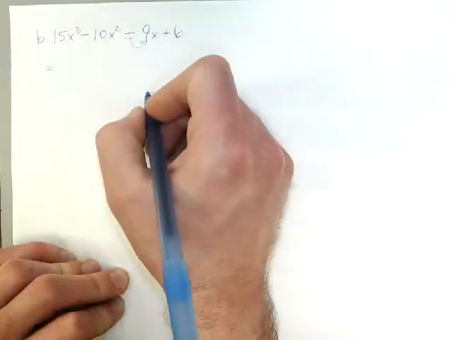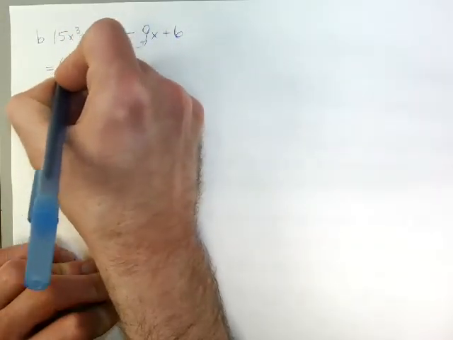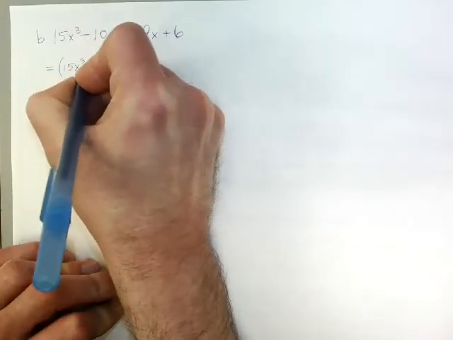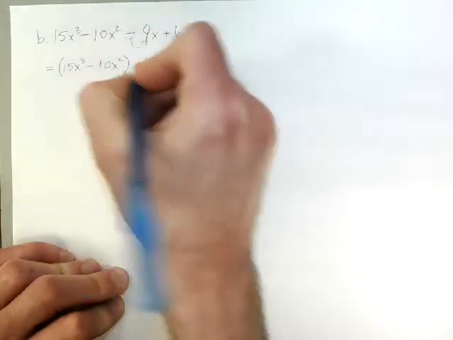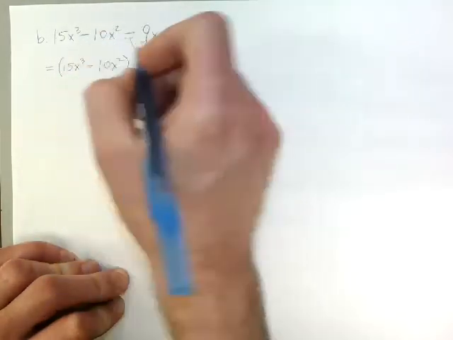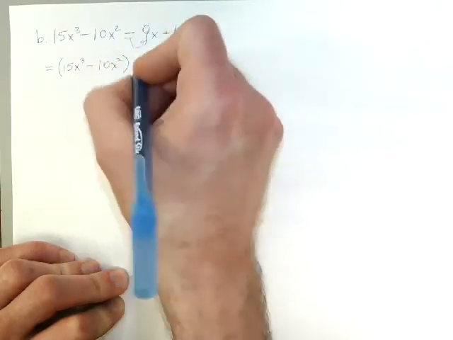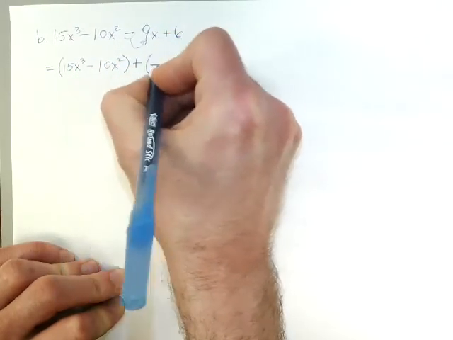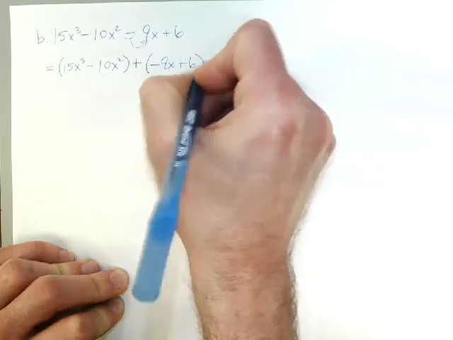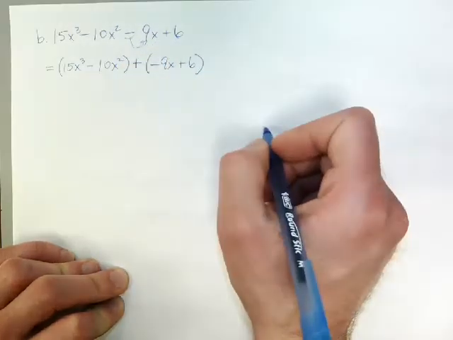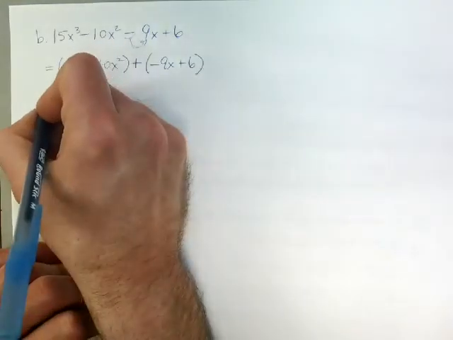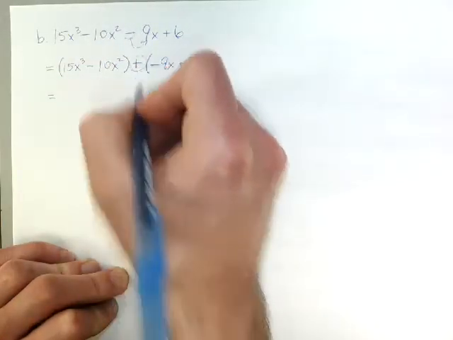Okay, so we'll start by pairing them up, and that's where we can make sure to keep the negative sign. I will always do the parentheses because then I can take the negative sign with the 9x, I'll put a plus in the middle, and then minus 9x plus 6 in the parentheses. And I would always do it with the plus.